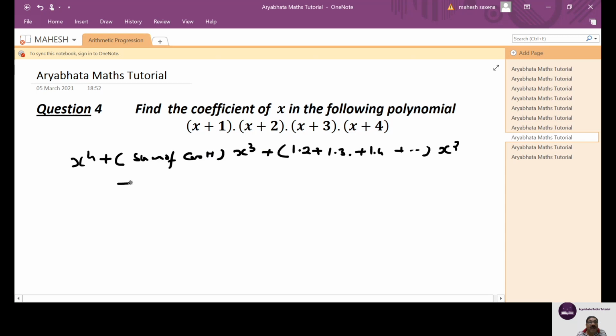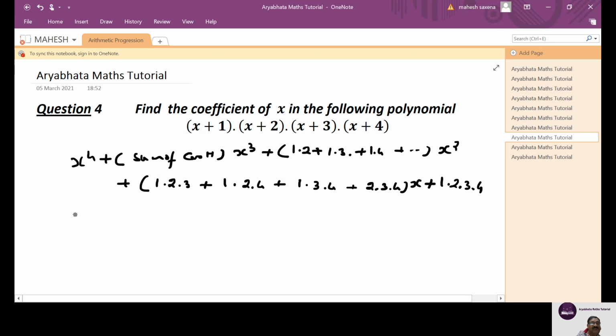Next term will be sum of the products of 3 constants at a time, that is 1 into 2 into 3 plus 1 into 2 into 4 plus 1 into 3 into 4 plus 2 into 3 into 4, into x, plus product of all the constants, that is 1 into 2 into 3 into 4.